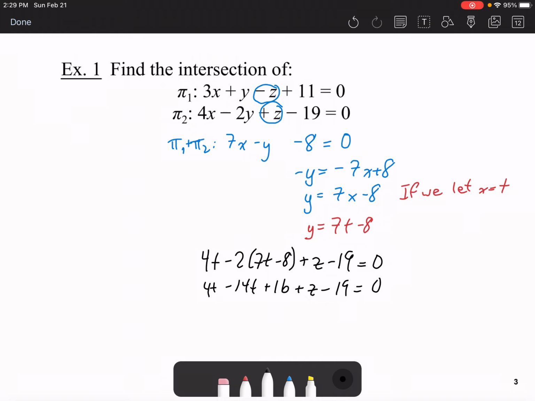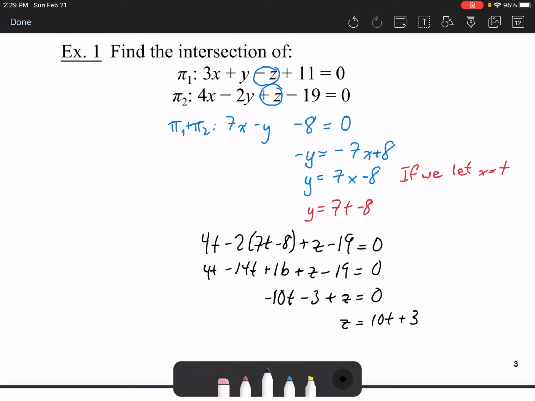So 4t minus 14t is negative 10t, plus 16 minus 19 is minus 3, plus z equals 0, or z is equal to 10t plus 3. And there we can see that we actually get a line of intersection, which is most likely what we would have seen because these two normals are completely different. So we got our values for x, y, and z.